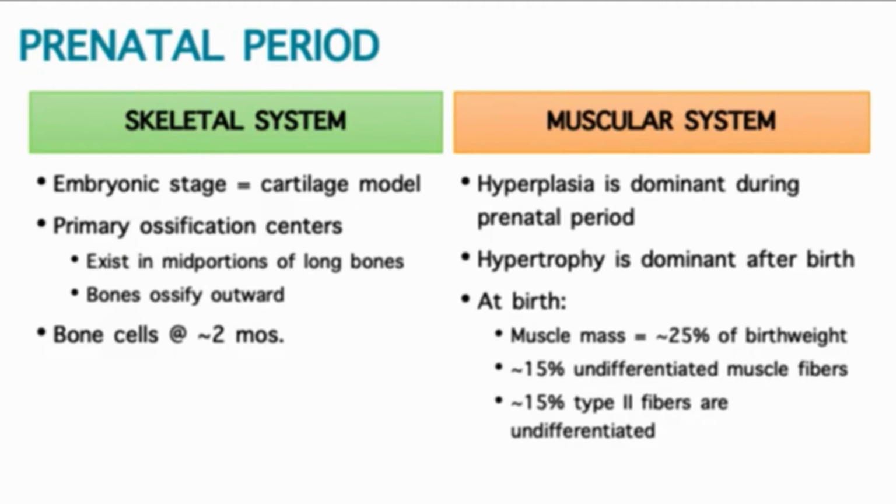So each is going to be helpful in producing power and big bursts of high force, but they use different metabolites for energy. So 15% of our muscle mass usually is considered undifferentiated, right? Either we don't know if it's a type 1 or a type 2 fiber. And then any type 2 fibers that have differentiated, 15% of those are undifferentiated between type A and type X. Okay?